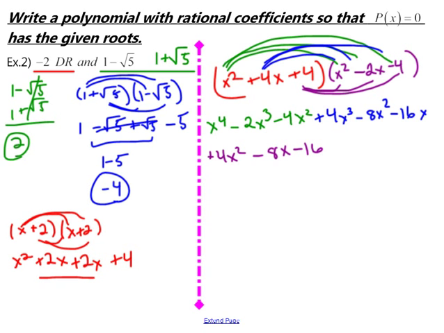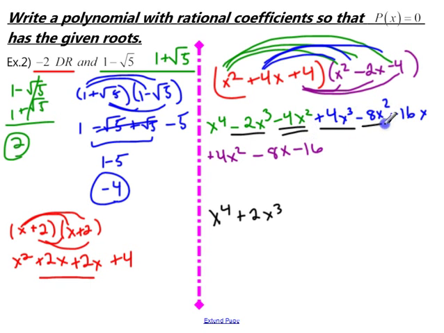And then lastly, we need to combine any like terms that we have. We only have one term with an x to the 4th. Then we have x cubed and x cubed, which gives us plus 2x cubed.